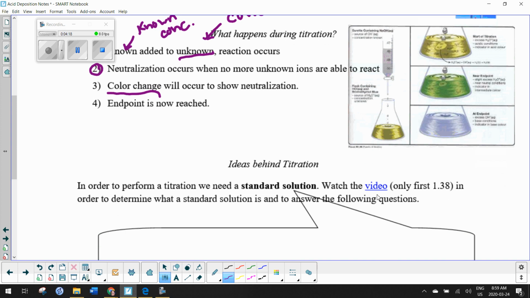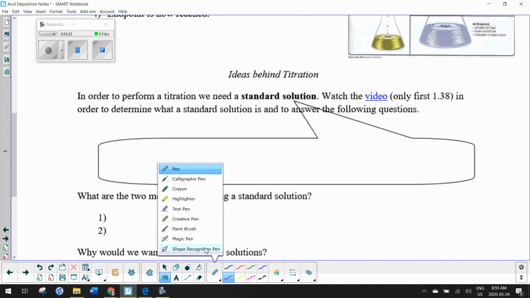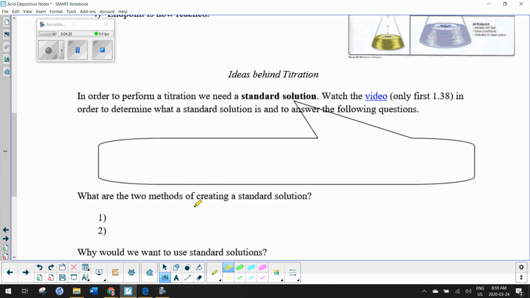So, ideas behind titration. In order to perform a titration, we need to have a standard solution. You can watch the video if you download the digital version of this, and it talks about what a standard solution is.